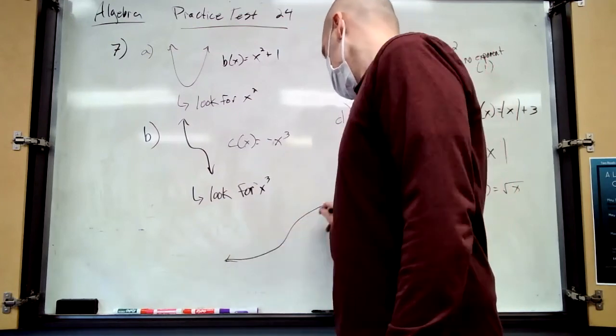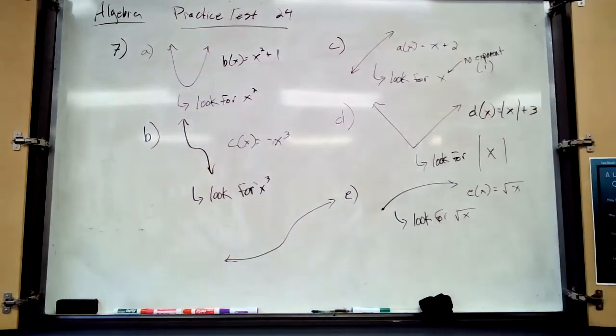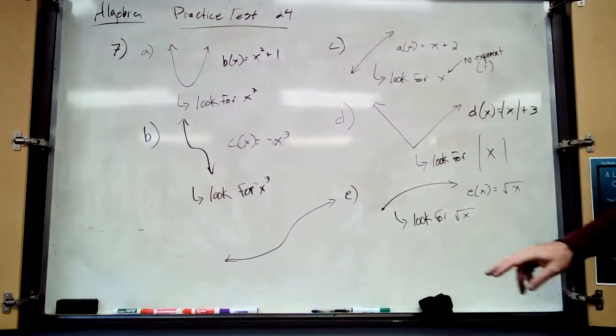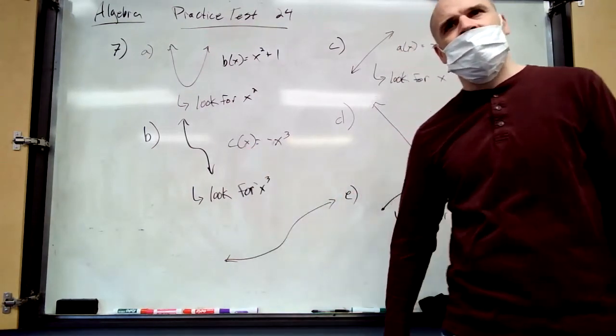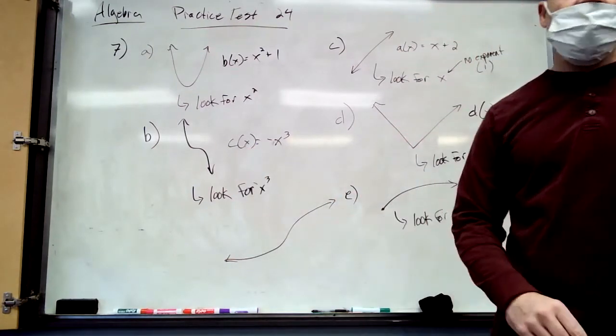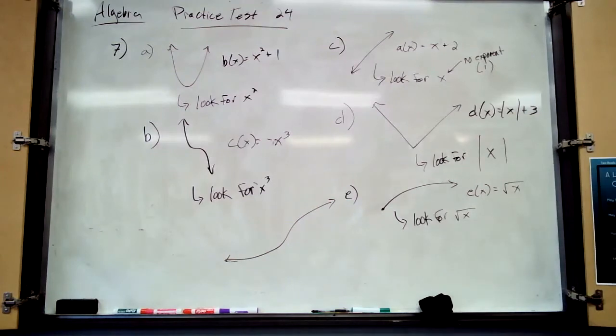So it's kind of like the square root of x, but then it has a counterpart that flips the other way. That's what a cube root of x would look like. It makes sense because it's the inverse of x cubed. x cubed is when it looks like this. So when you reverse the x and y, it's going to look like that. Okay?